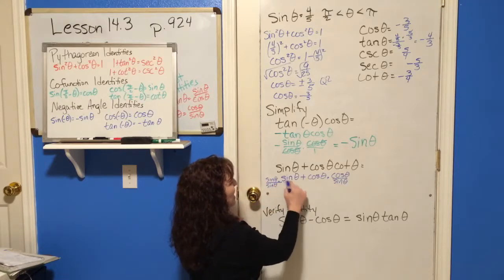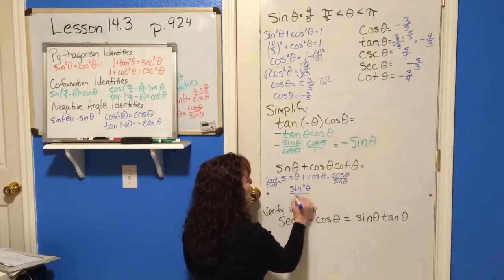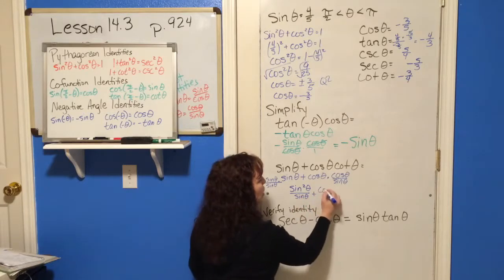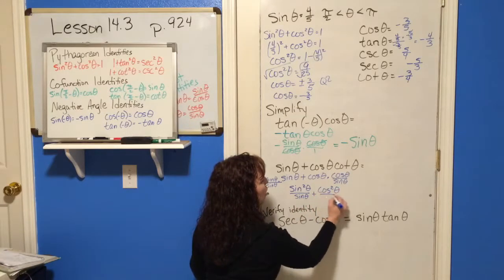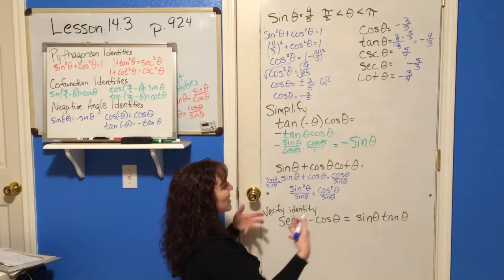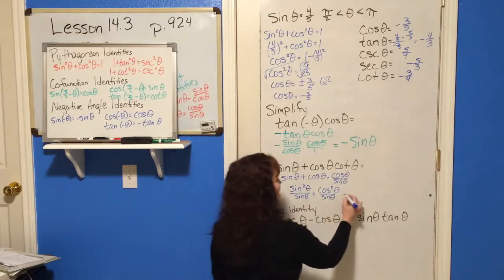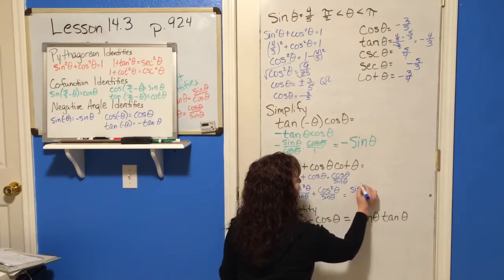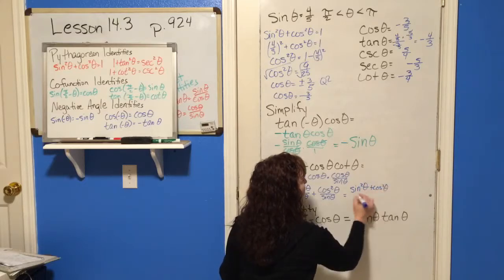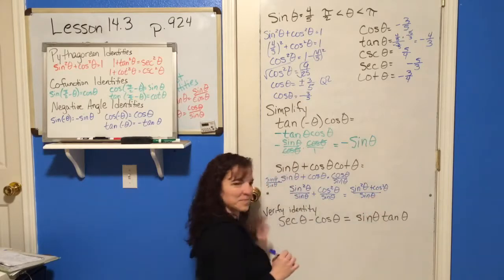So now, sine times sine, we've got sine squared of theta over sine of theta plus cosine squared of theta over sine of theta. And now let's just combine that because they have the same denominator. That's the same as sine squared of theta plus cosine squared of theta over sine of theta.